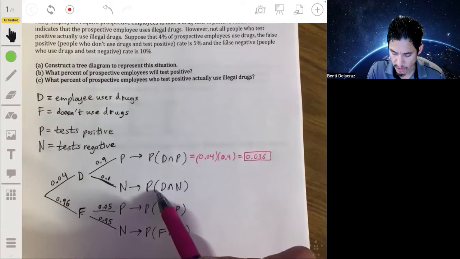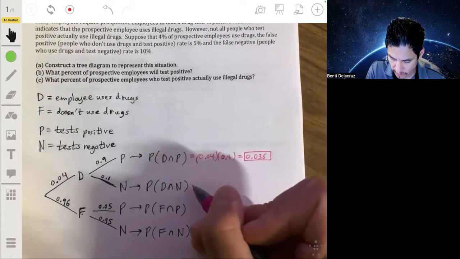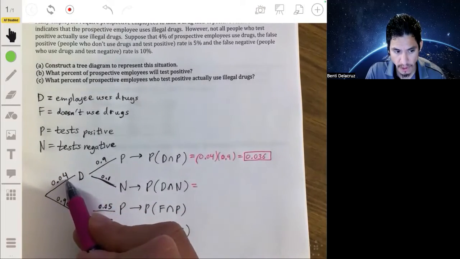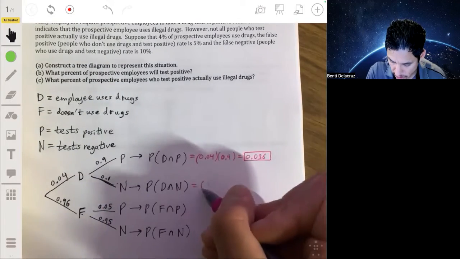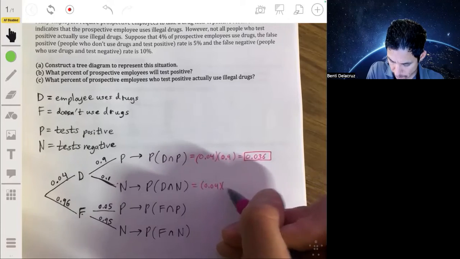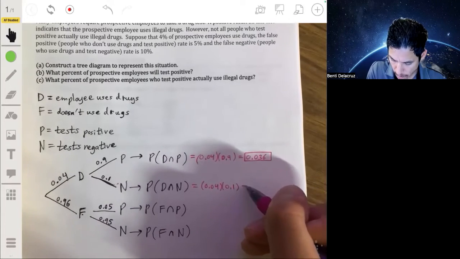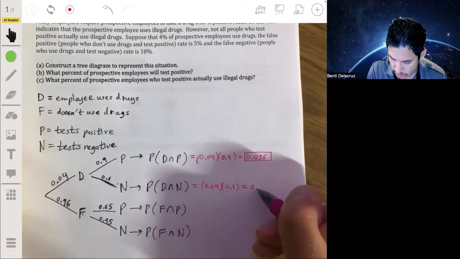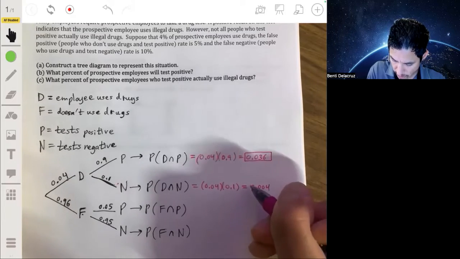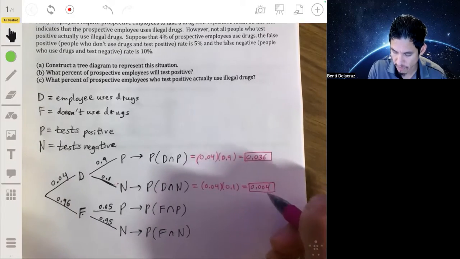For this one, the probability of being a drug user and testing negative will then be 0.04 times 0.1, which is 0.004.